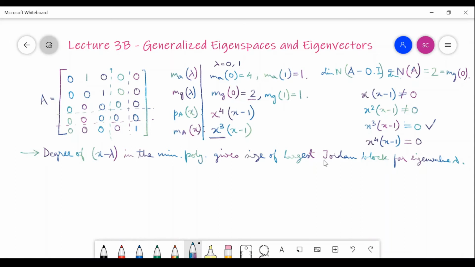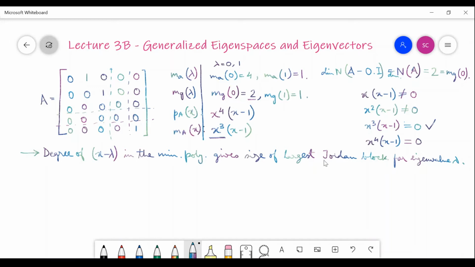If the geometric multiplicity of lambda is equal to 1, then the degree of x minus lambda in the minimal polynomial will be equal to that in the characteristic polynomial, because there is only one Jordan block, so the entire size would be that same degree.